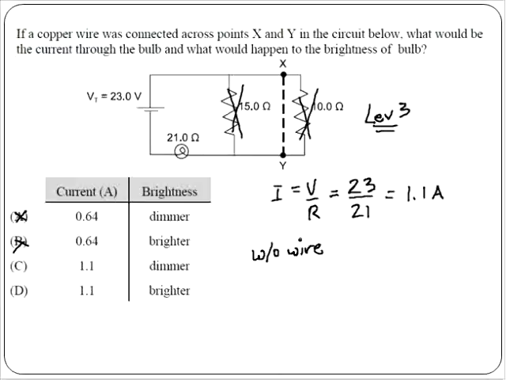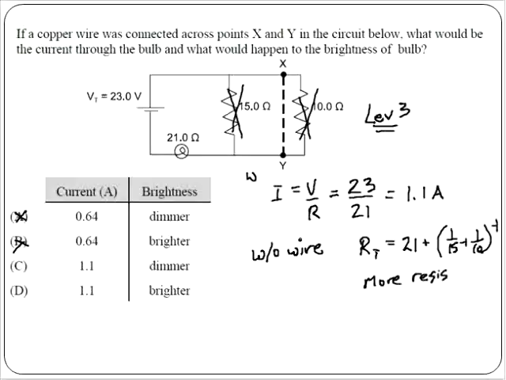The total resistance would be 21 plus (1/15 + 1/10) to the negative 1. That's the total resistance now, which is actually greater than 21. So in other words, there was more resistance.